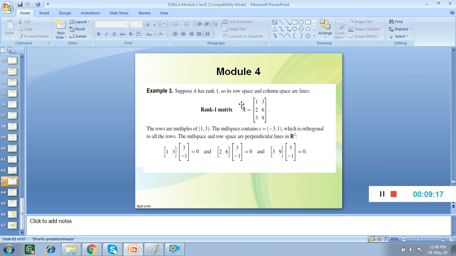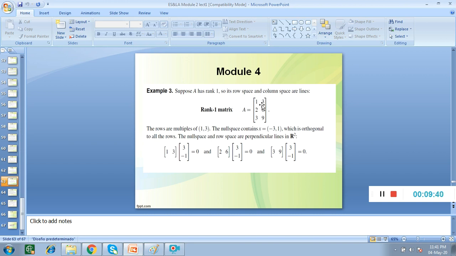So let's understand the spaces, the null spaces. What can be the null space for this one? Before that, what is the basis of this? The row basis. The rows are multiples of 1 and 3. So the row basis for this matrix is 1 and 3.